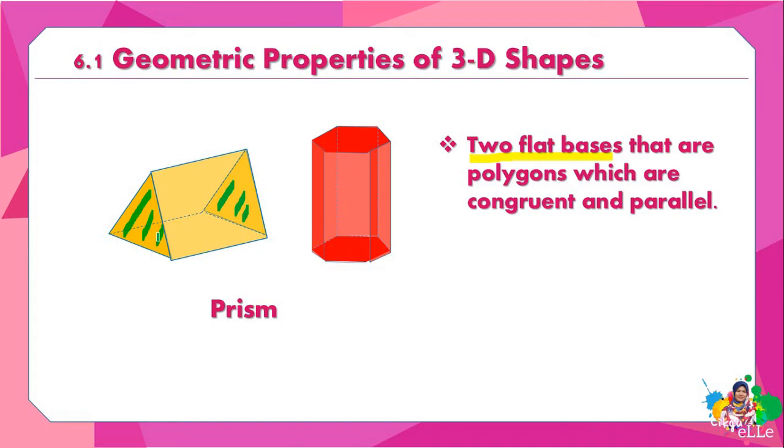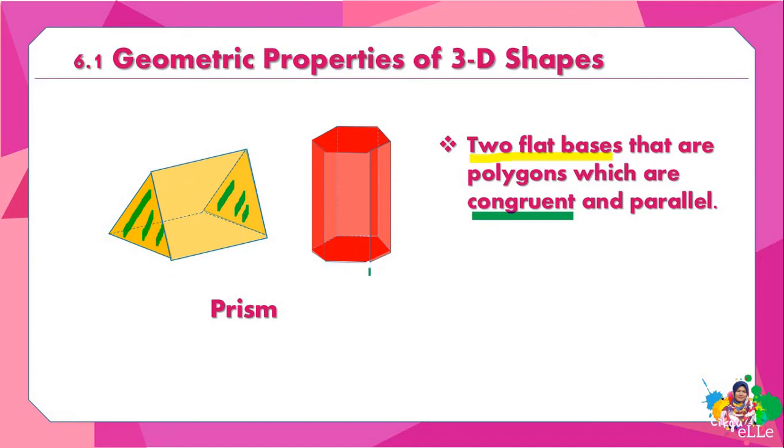So a prism must have two flat bases which are polygon, congruent and parallel. Congruent means that they have same size and same shape. Then the two flat bases must be parallel. So this one is a prism.